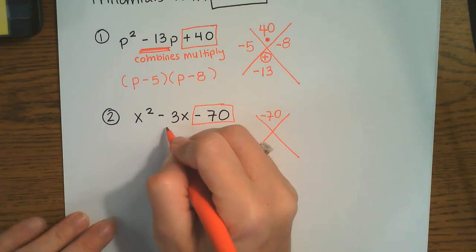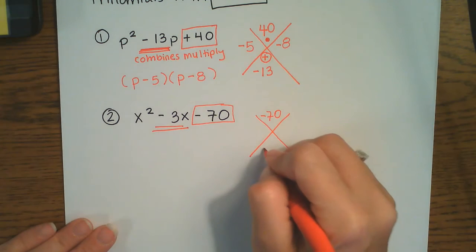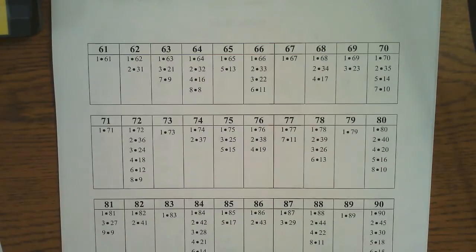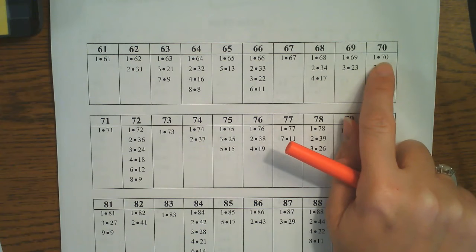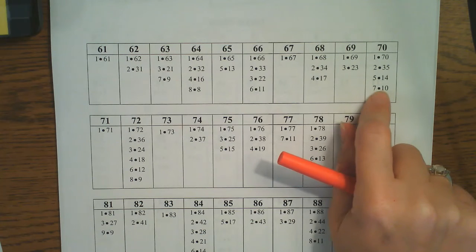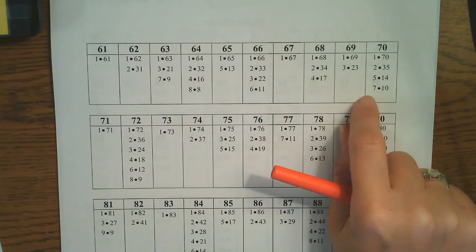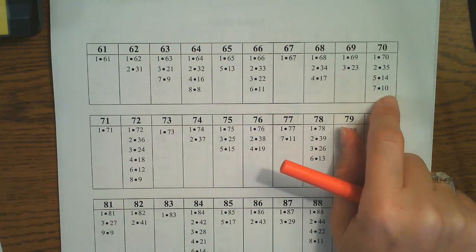And when I combine or add them, they're going to give me negative 3. So I'll consult my factor sheet. I'll look at 70. So 1 and 70, and that doesn't make a 3. That doesn't make a 3. That doesn't make a 3. 7 and 10. 10 minus 7 is positive 3, or 7 minus 10 is negative 3.